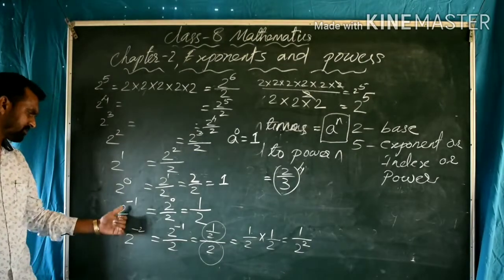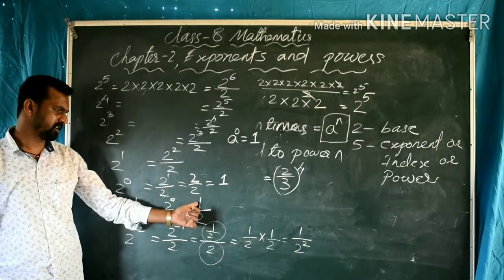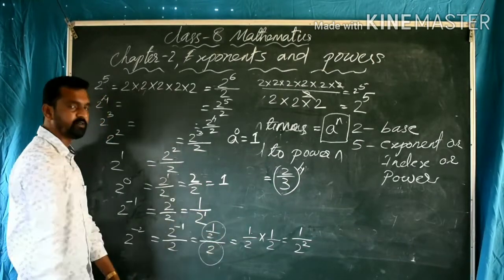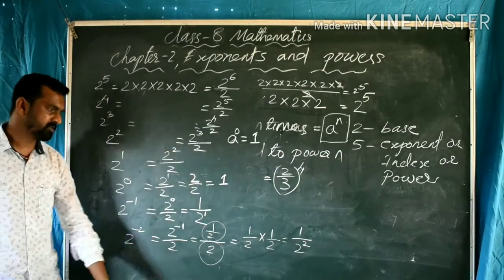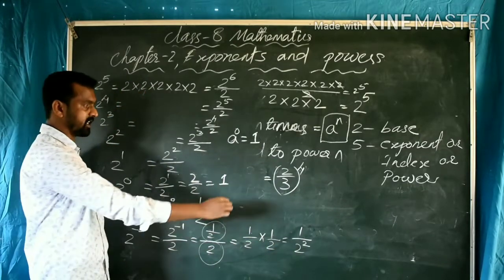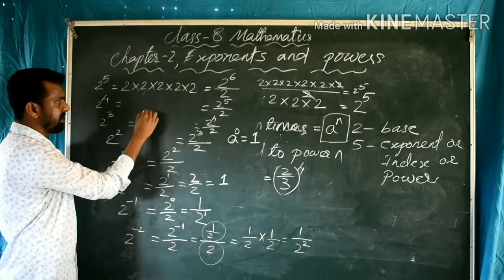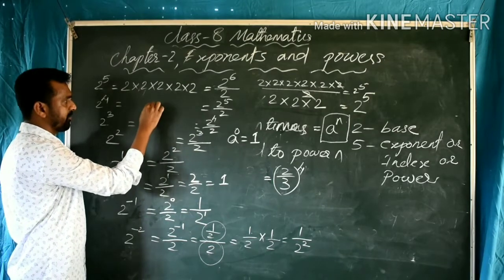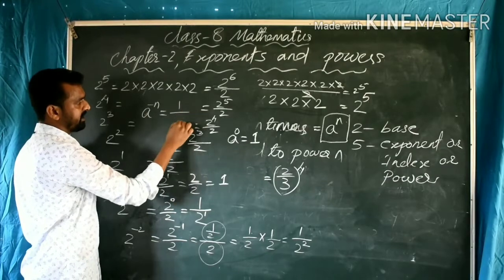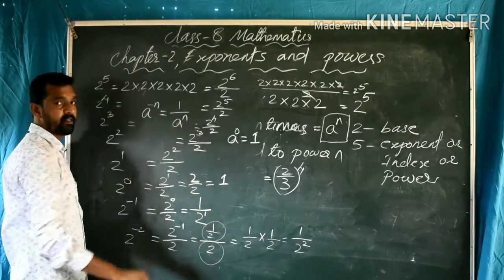So here you see 2 raised to minus 1 is equal to 1 by 2, we can write as 1 by 2 raised to 1. 2 raised to minus 2 is equal to 1 by 2 raised to 2. So in general we can write a raised to minus n is equal to 1 by a raised to n.